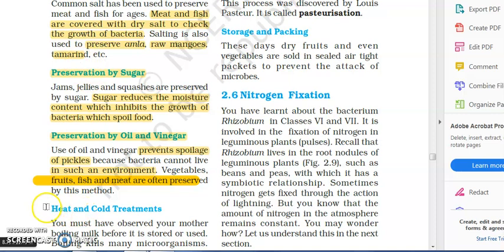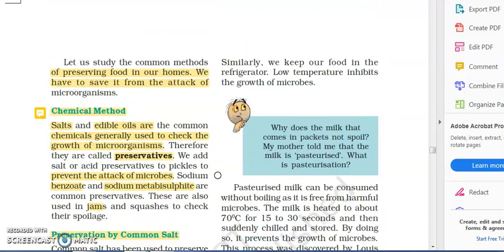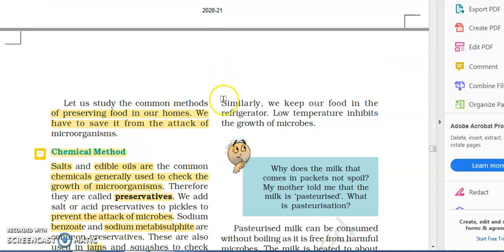Our next method is known as heat and cold treatment. These two methods we generally use in our homes. Heat, like reheating the food to preserve it from microbes. Reheating means we kill the harmful microorganisms that will spoil the food. The second method is cooling.